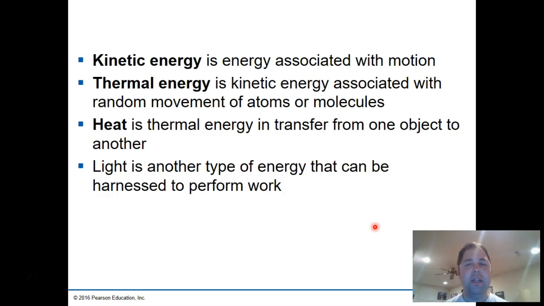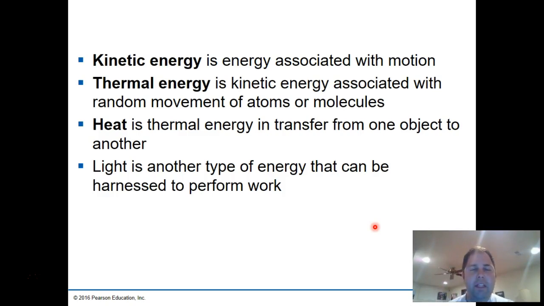Heat is the transference of that thermal energy from one object to another. So that hot water vapor, where the water molecules are vibrating really rapidly, comes in contact with a piece of metal, and that rapid kinetic energy, thermal energy, causes the molecules in the metal plate to move more quickly, making that plate hot to us as well. That would be heat, the thermal energy transferring between the two.